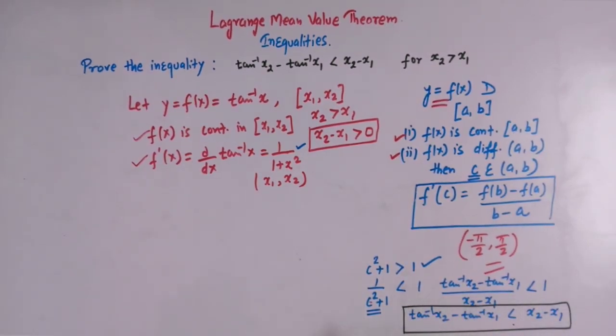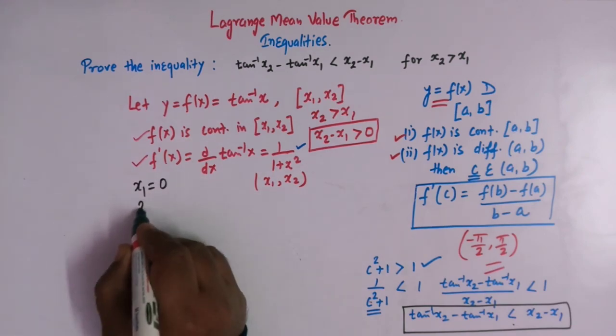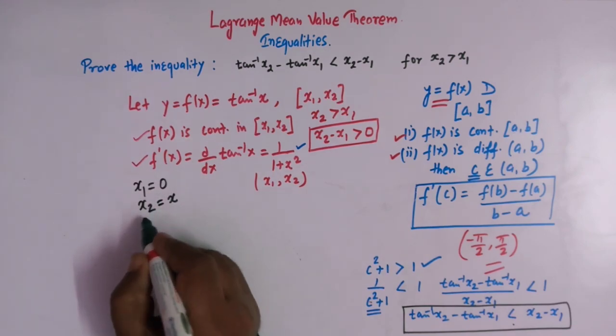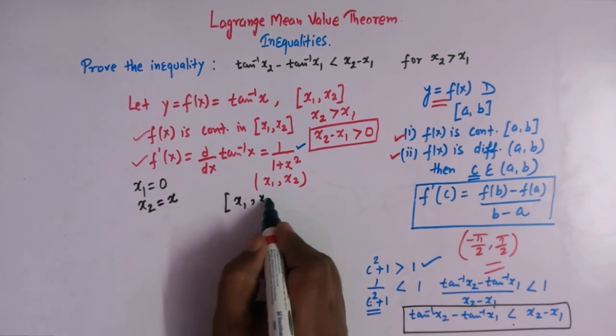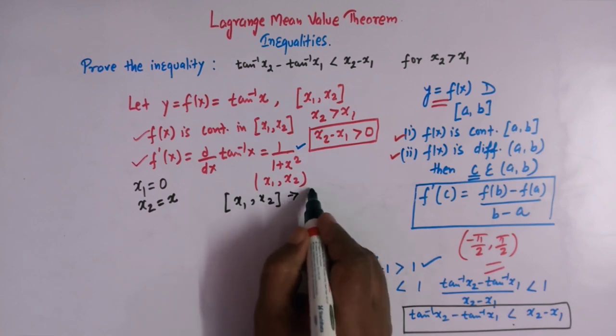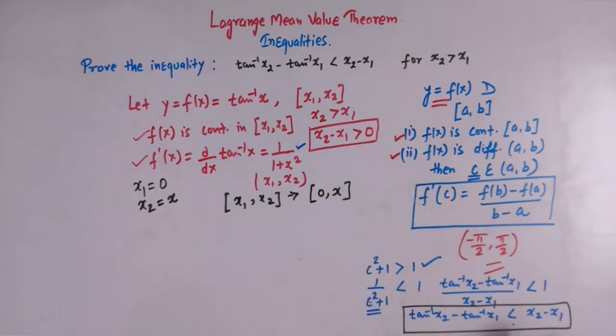Now from this inequality we can also get an important inequality. How? If we take x1 is equal to 0 and x2 is equal to x, then the interval x1, x2 is the interval 0 to x, right? So see what we get from this inequality.